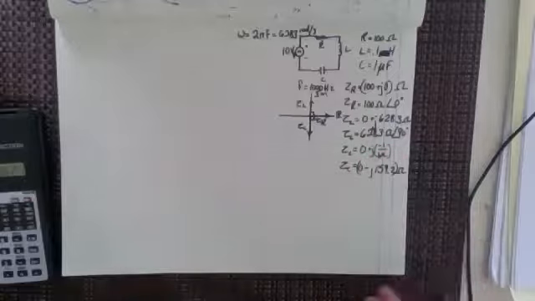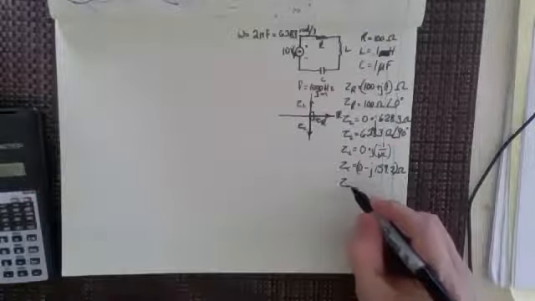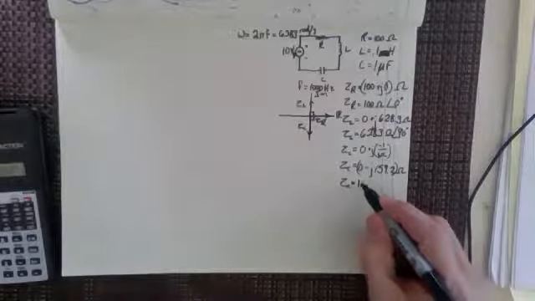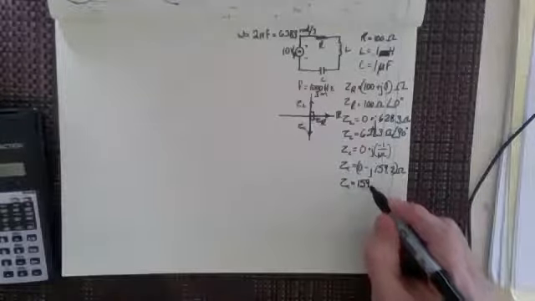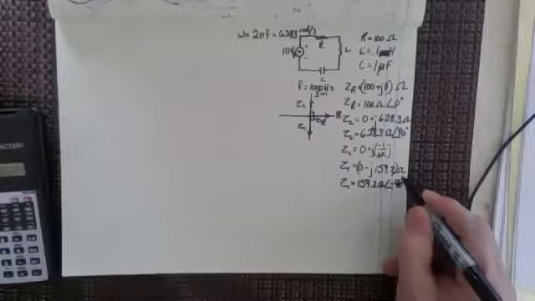So that's what Z sub C is going to be. And those are our three components. Now, oh, I forgot to write this in phasor form. That would be 159.2 ohms at an angle of minus 90 degrees, right?